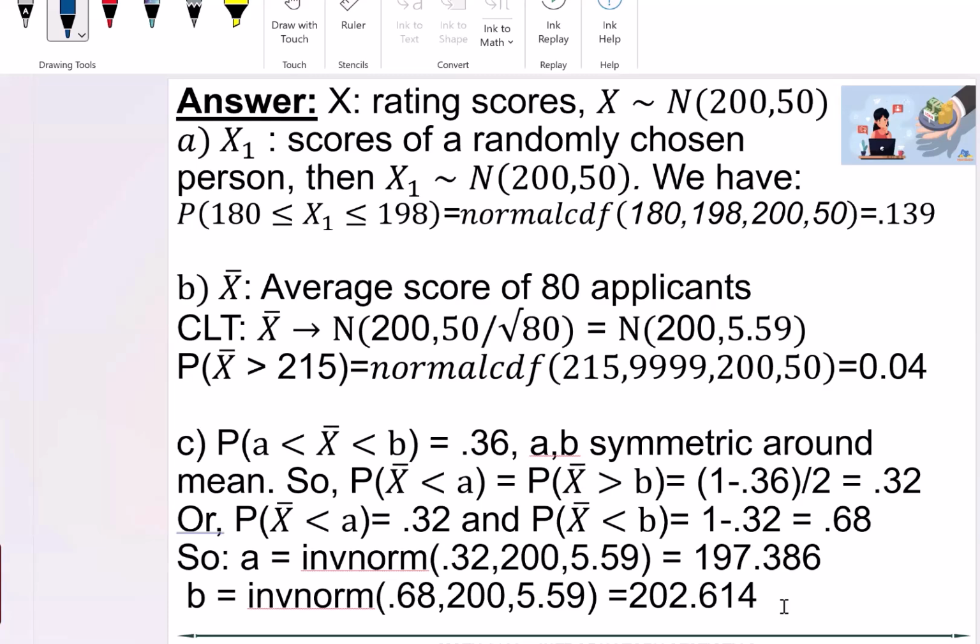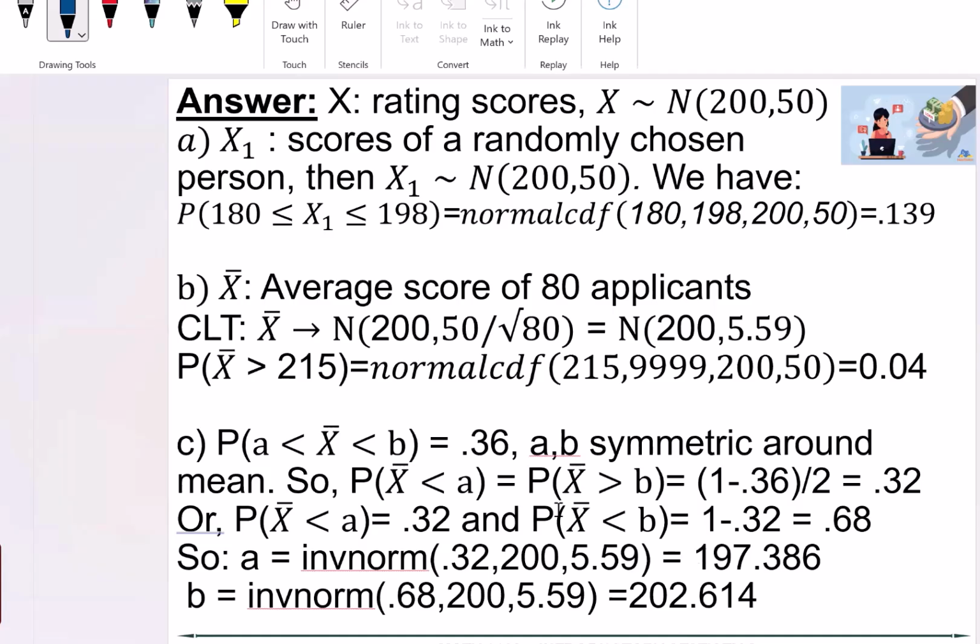We already know X1 follows Normal(200, 50), so it comes back to the chapter 6 problem: you have the values and want to find the area under the curve, which means you do a normal CDF. Lower bound 180, upper bound 198, mean 200 and standard deviation 50. If you plug it into your TI calculator, you should get 0.139.